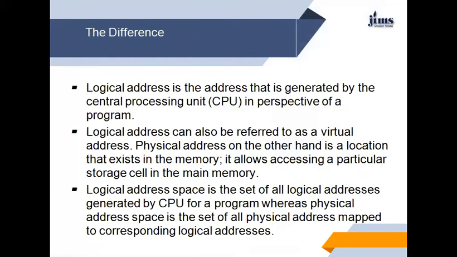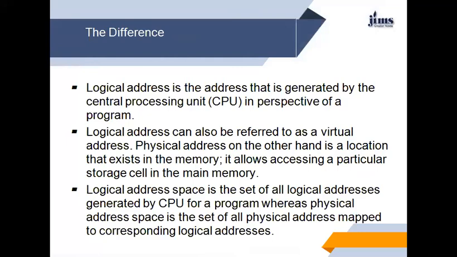Now we will also see the difference between logical and physical address. A logical address is the address generated by the central processing unit, the CPU, from the perspective of a program. A logical address can also be referred to as a virtual address. A physical address, on the other hand, is the location that exists in the memory. It allows accessing a particular storage cell in the main memory.